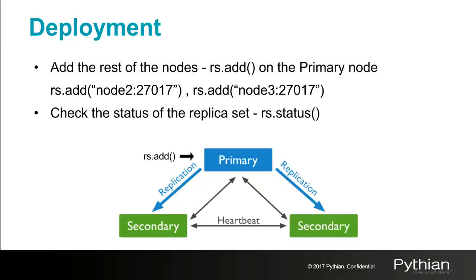Again, everything in a replica set is maintained from the primary node. We run rs.add on the primary node, and it already knows what the secondaries are, and at the same time, the secondaries will start copying the data from the primary node.